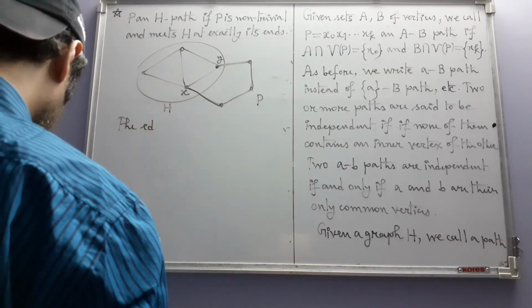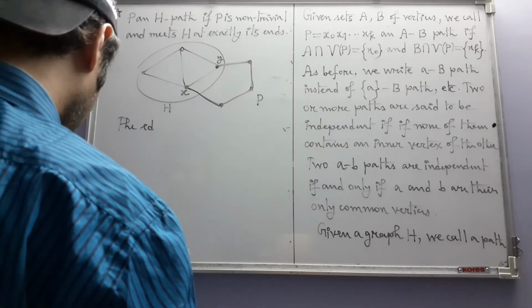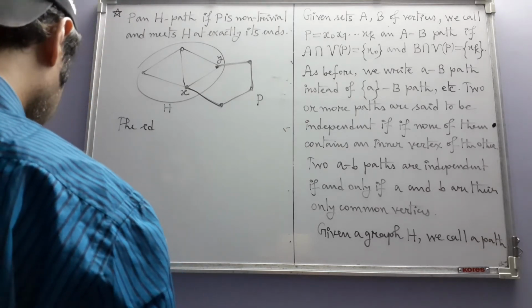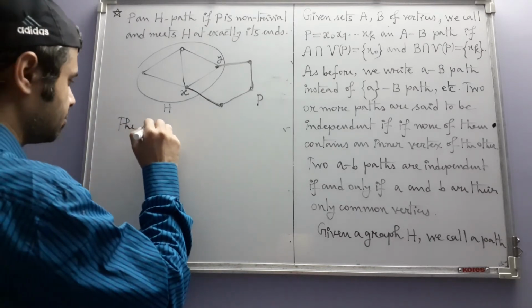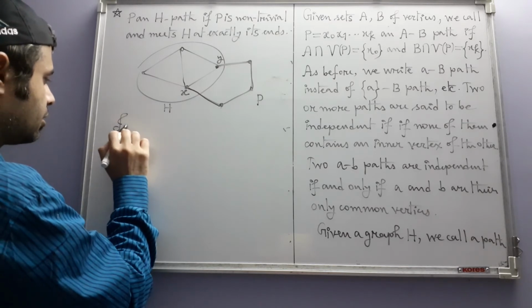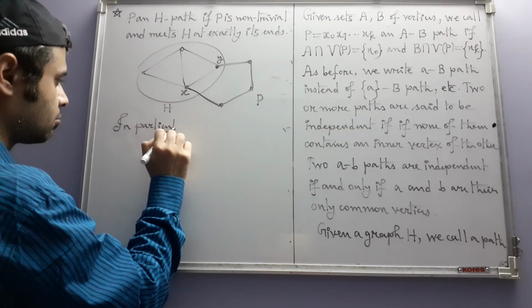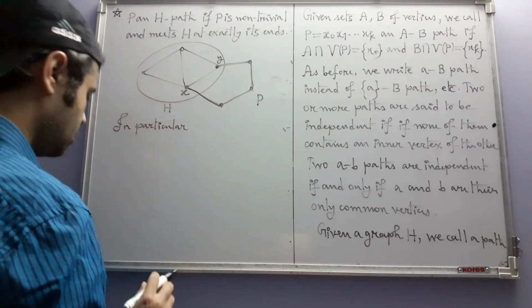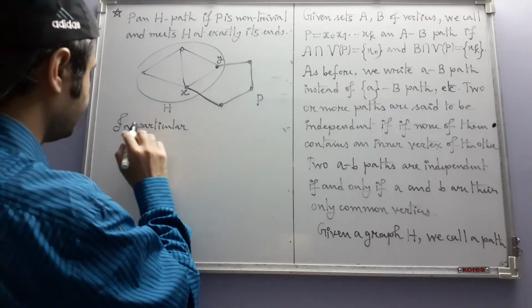What is being stated here? The edge of any H path of length 1 is never an edge of H. Oh, okay. In particular, edge of H path of length 1, okay.